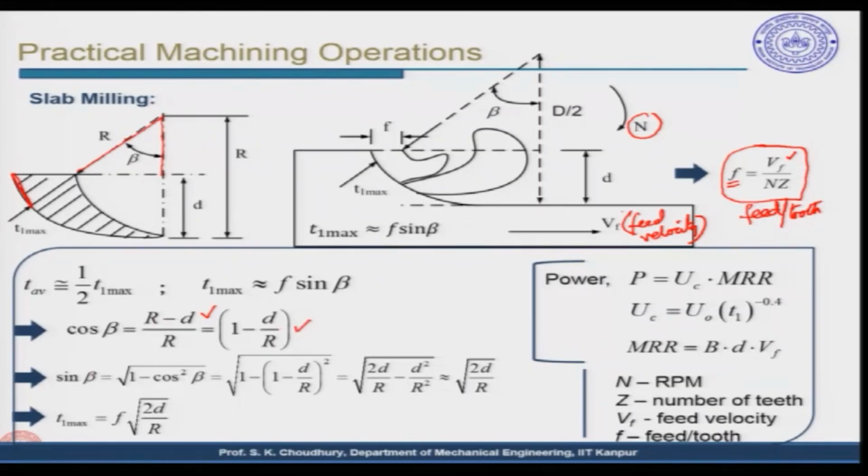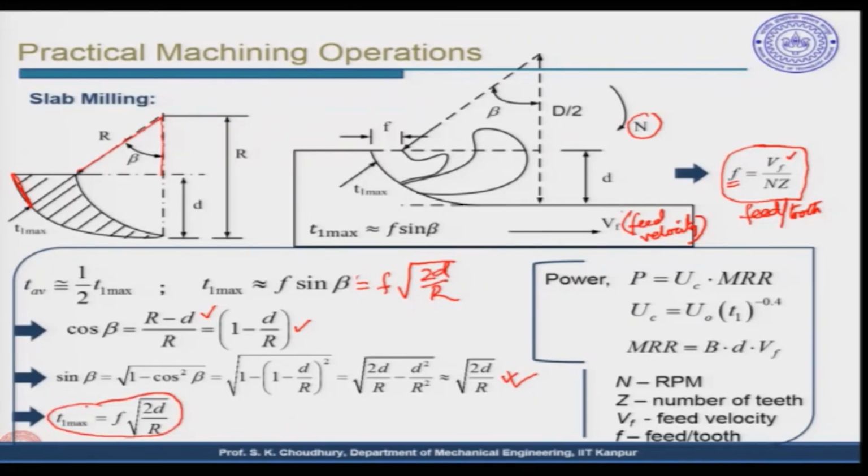So, therefore, sin beta can be written as root over 1 minus cos square beta, where cos beta is 1 minus d by r. So, we are getting root over 2d by r, which is sin beta. Now, therefore, we say that the T1 maximum, which is given by f into sin beta, is equal to f into root over 2d by r. Okay. So, this is the T1 maximum value that we can express.